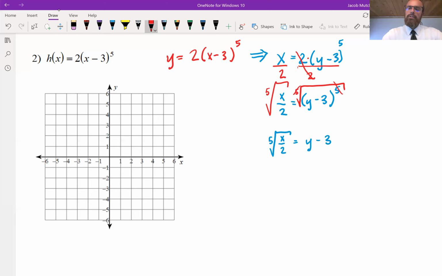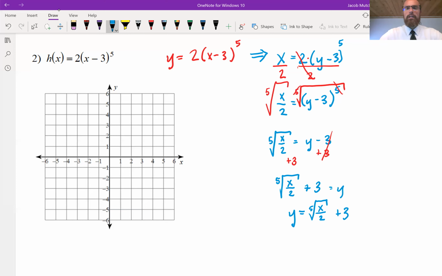So now I'm ready to add 3 to both sides, cancels on the right. And we've got now the 5th root of the fraction x over 2 plus 3 on the outside of that radical equals y. I'll flip it around so that it's more recognizable. Y equals the 5th root of x divided by 2 plus 3.